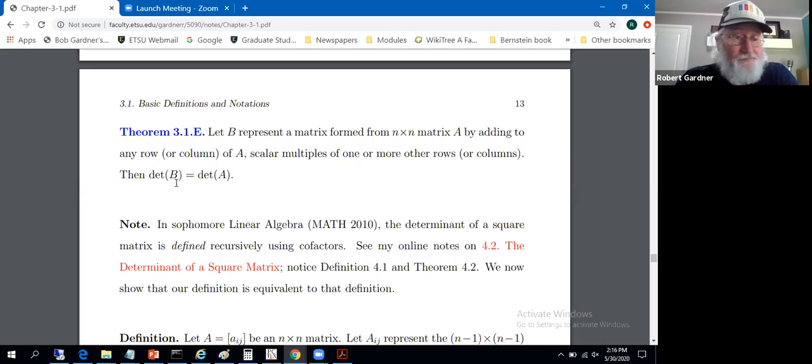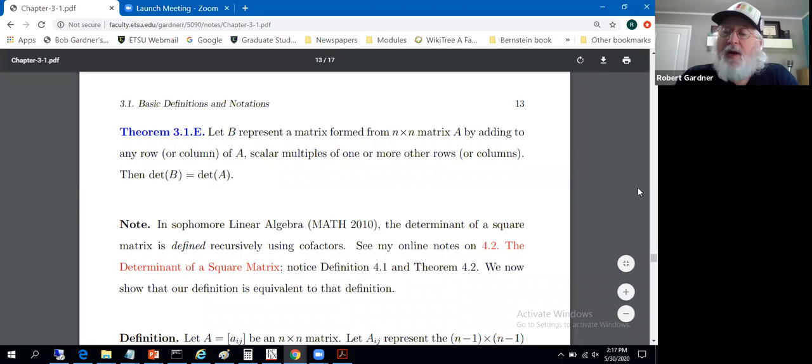If you're lucky, it's upper triangular. If it's not, it probably has a determinant of 0 because it's not invertible. But put it in a row echelon form, and then the determinant's going to be easy to take. So it's easy to find the determinant of that one that you've modified. Oh yeah, but you might have done some row interchanges, so you'll have to compensate for that with a plus or minus 1 factor. So that's motivation on why you would want to look at these row operations.